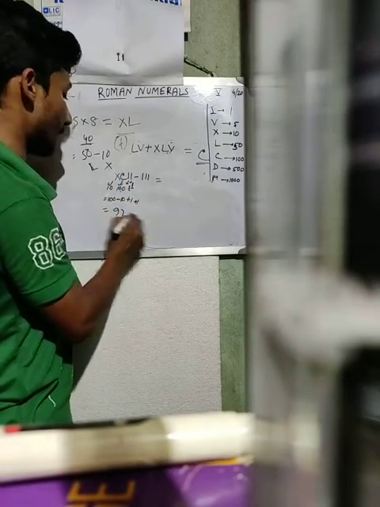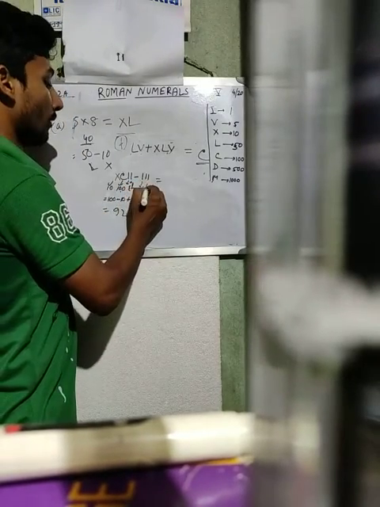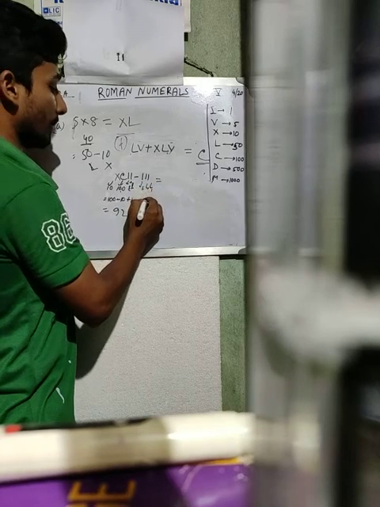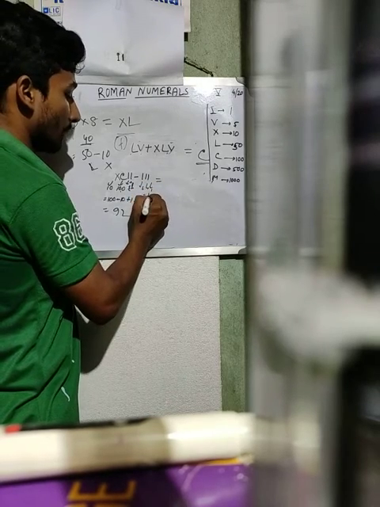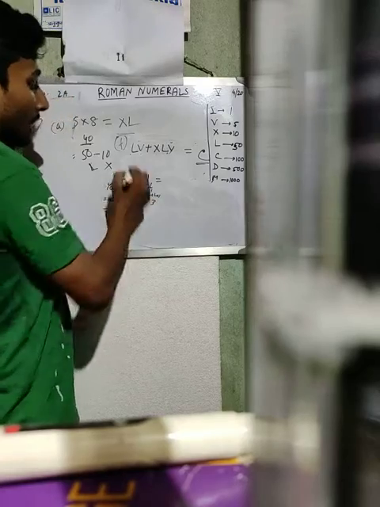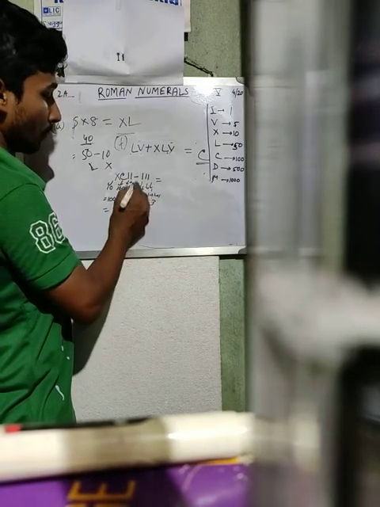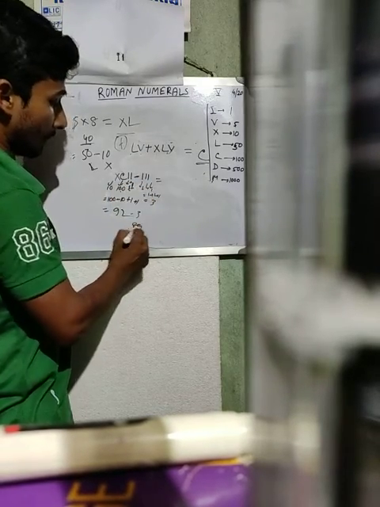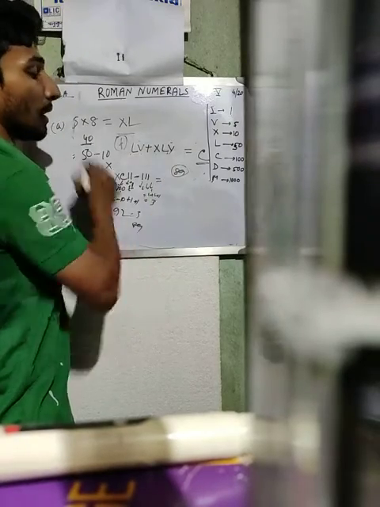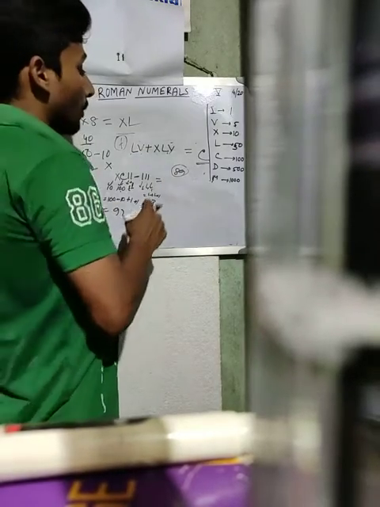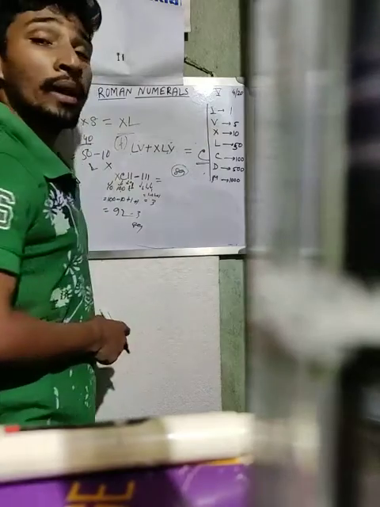So the value is 92. III means 1 plus 1 plus 1, that is 3. So 92 minus 3 is equal to 89. So the answer is 89. But you have to convert this 89 into Roman numerals.